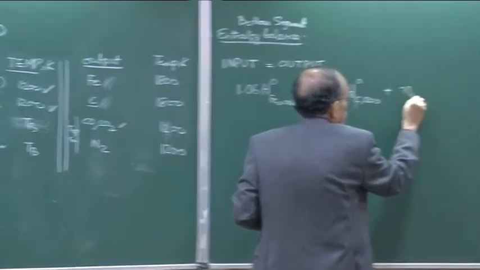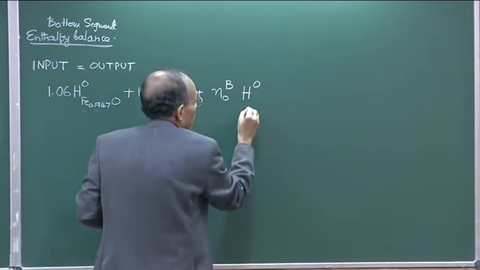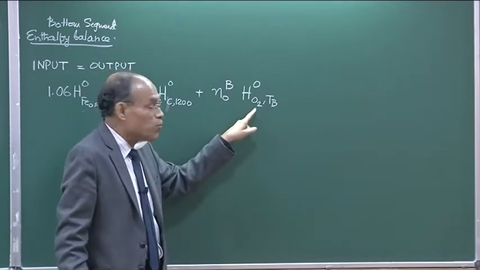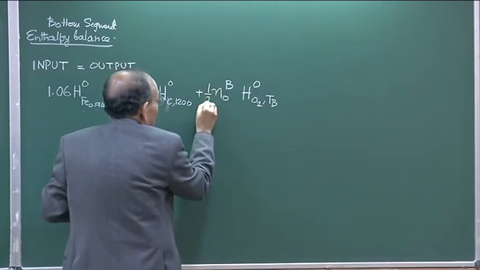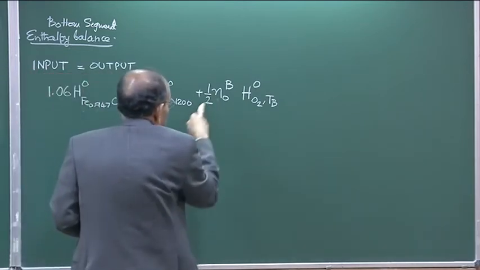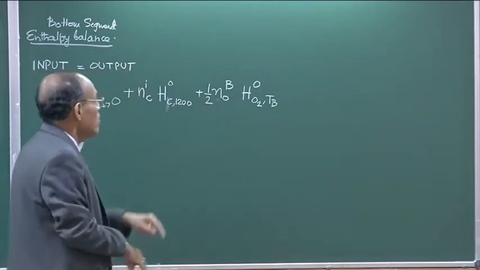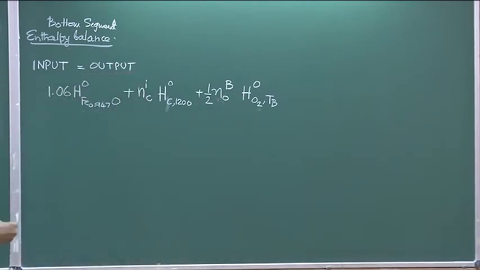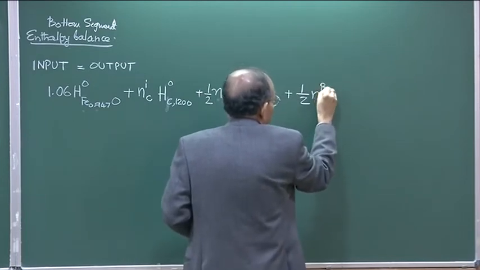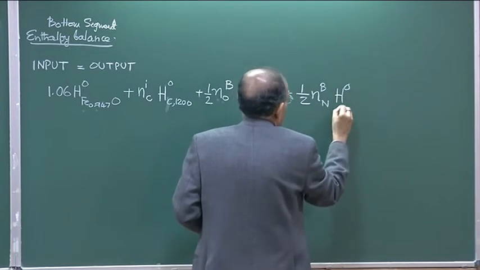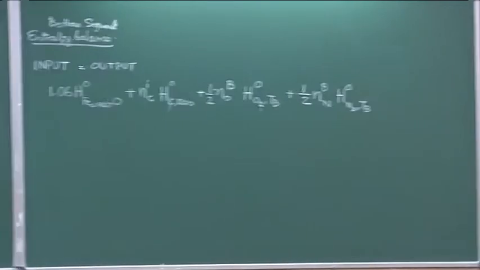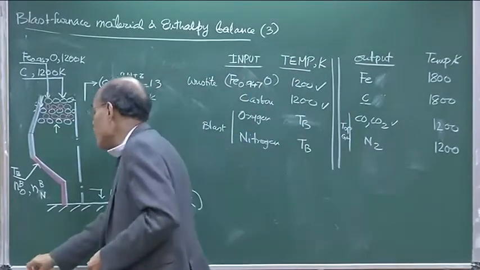So, NOB into H naught, then we say oxygen TB, that we have picked up the value of standard enthalpy of O2 and not O. So, therefore, I will put a value of half before NOB, because my oxygen is O. So, whatever we are considering, that value has to be taken to be half of it, because this is O2 and this is O. Similarly, I will have nitrogen, so half N, the blast parameter, and then again I will say oxygen H naught, nitrogen and Tb. So, these are the input of heat. And now let us see what is the output of heat.